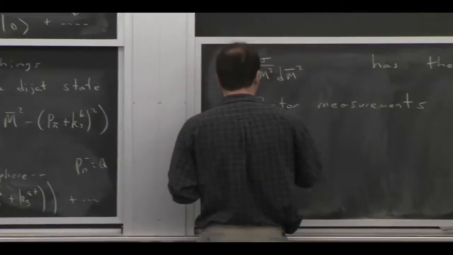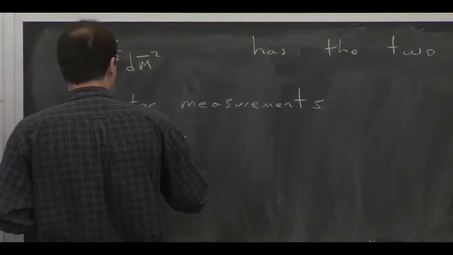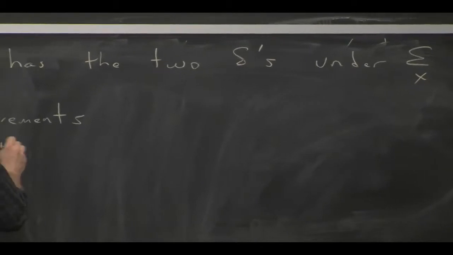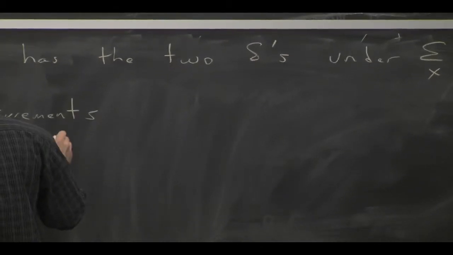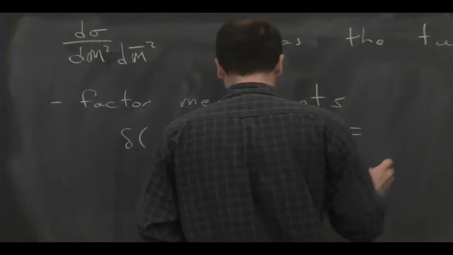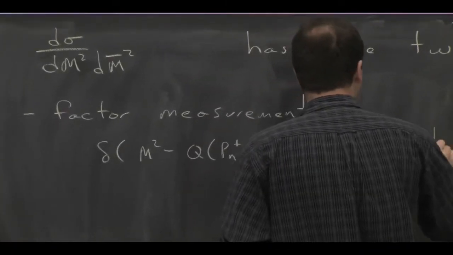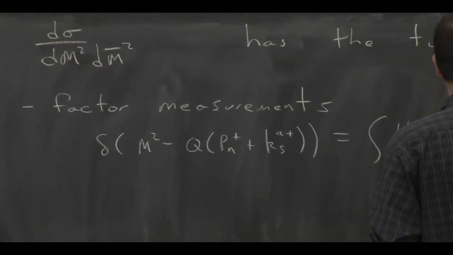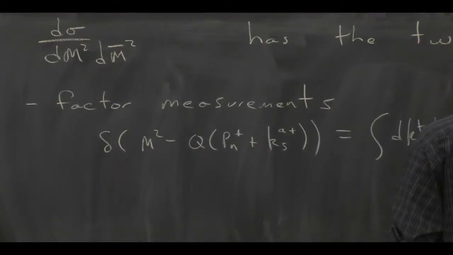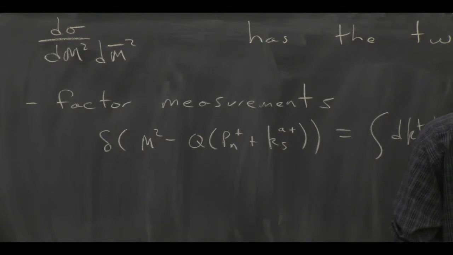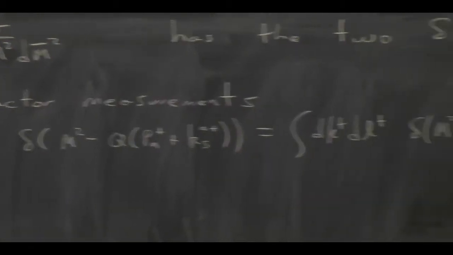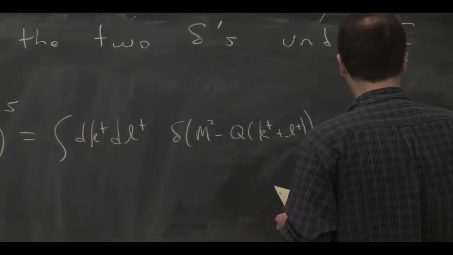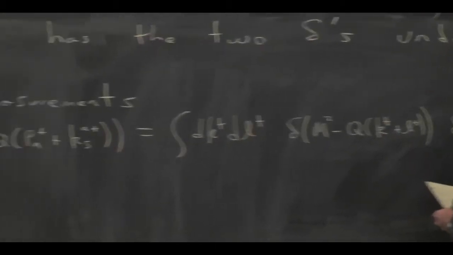We simply write the following. Just introduce some more delta functions. So there's this tying together delta function. K plus is just some dummy variable. It's not the momentum of any state. It's just a dummy variable.